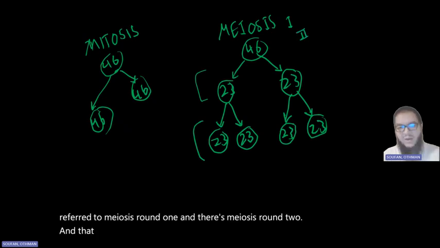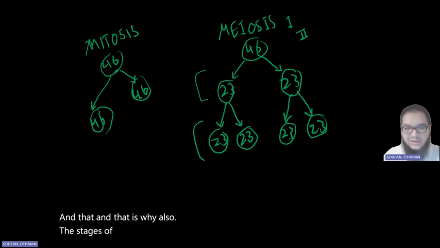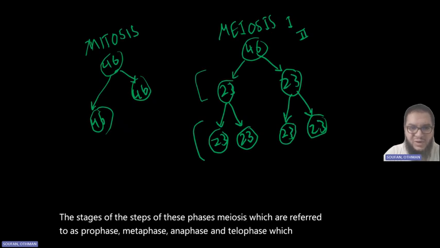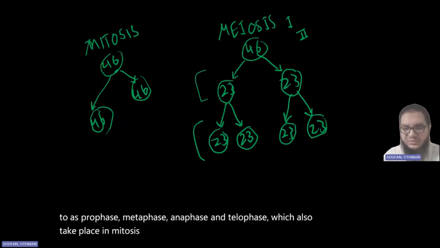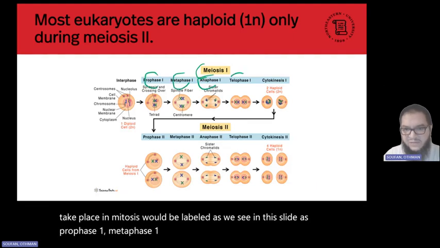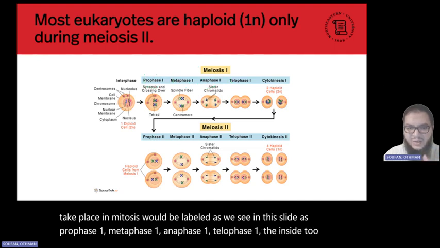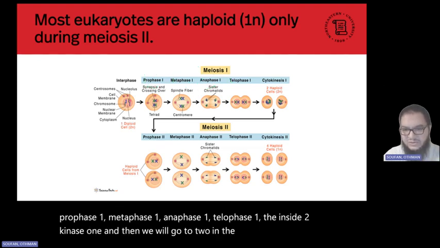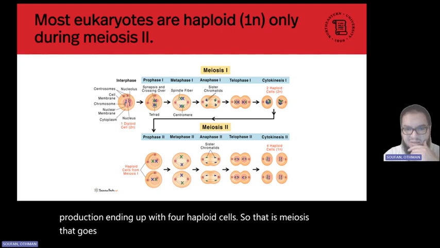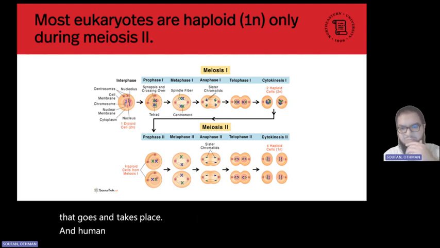And that is why the steps of the phases, prophase, metaphase, anaphase, and telophase, which also take place in meiosis, are labeled as we see in this slide: prophase 1, metaphase 1, anaphase 1, telophase 1, then cytokinesis 1. And then we go to 2 in the second round, ending up with 4 haploid cells. So that is meiosis that takes place in a human body.